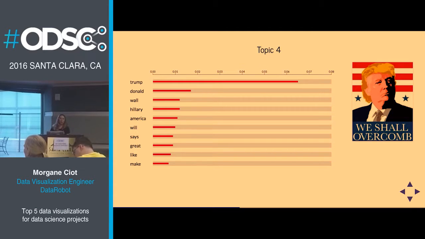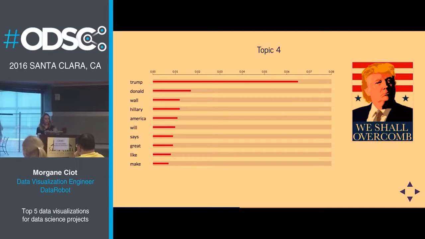So these are all words that we should be familiar with at this point. They're words that basically describe Trump's campaign or his political platform. He wants to build a wall. He wants to restore America to its former greatness, make America great again. And I think those words are represented here. So it's interesting that that meme that we just saw can be represented by this one topic that kind of represents his political platform.